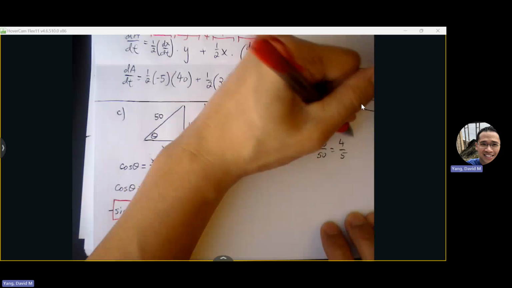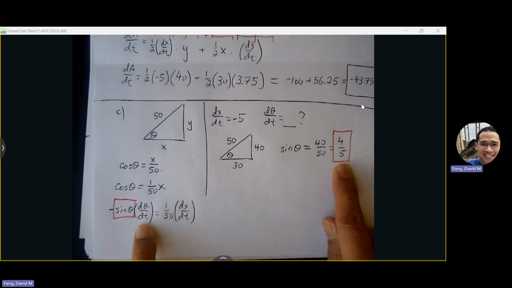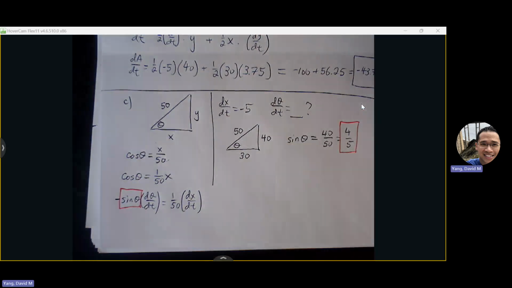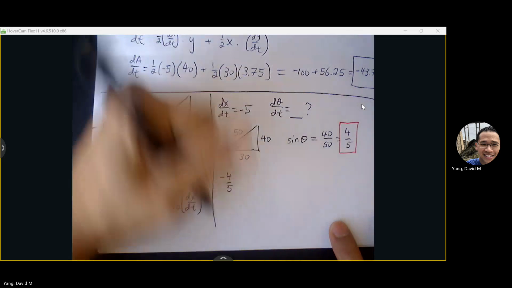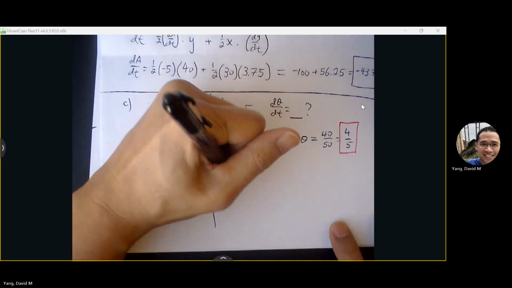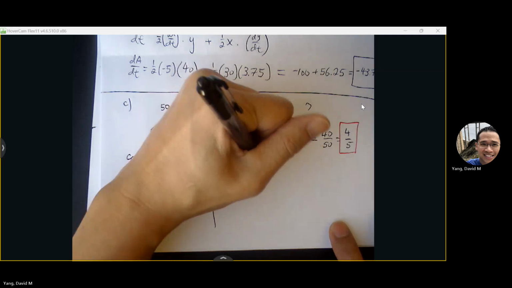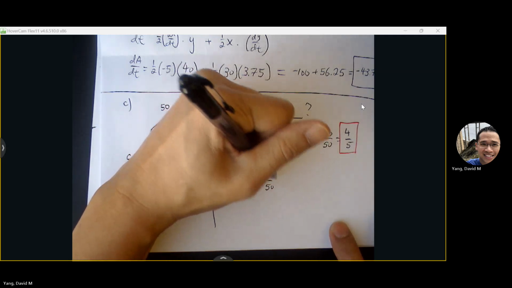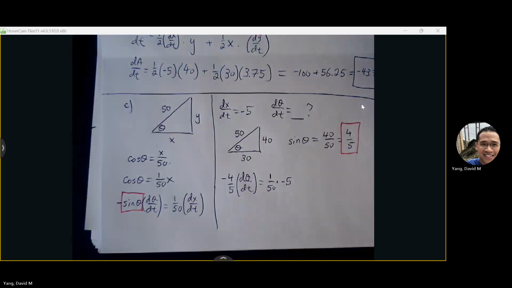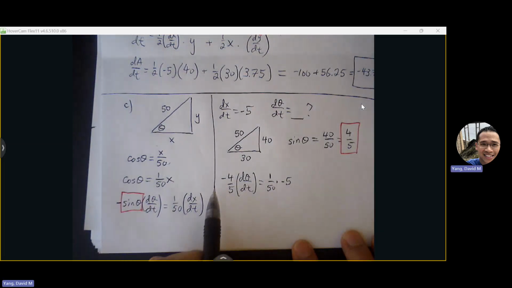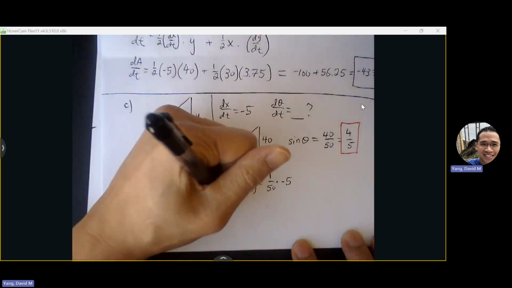Okay, so we should have everything that we need. Now we can just plug everything in and solve for d theta/dt. Okay, I'm going to bring that -4/5 over as -5/4 so that we can get that d theta/dt by itself.